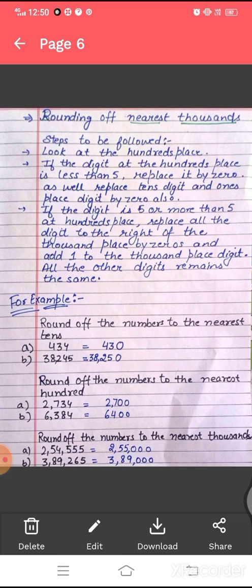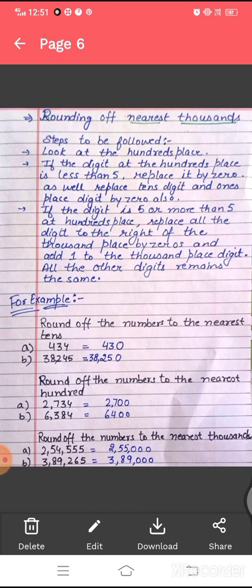And if we see the B part, 3,89,265, at the hundreds place, 2 is written, which is less than 5. So we have to replace all the digits to the right of the thousand place by 0.